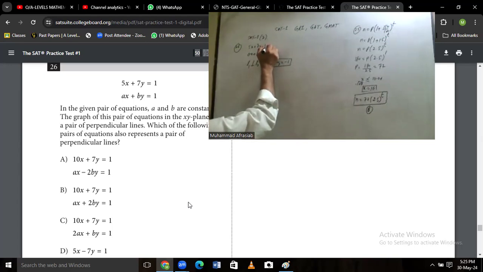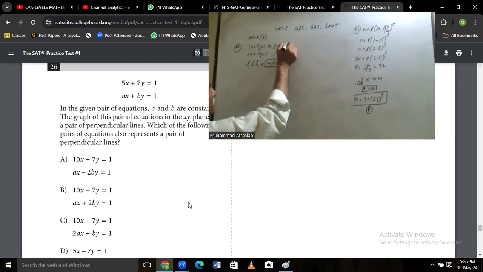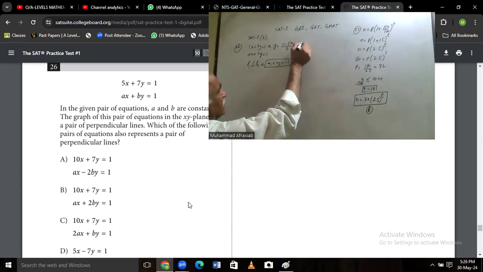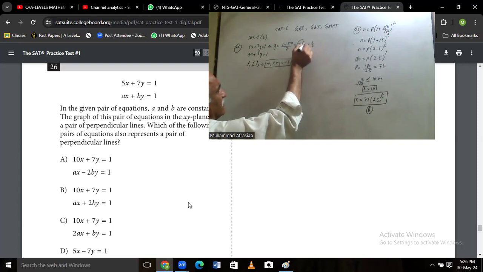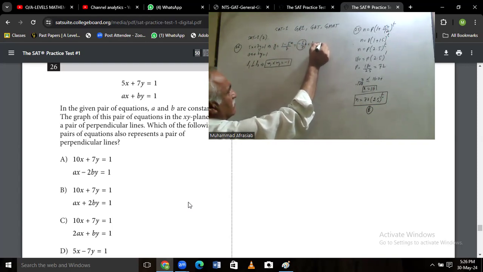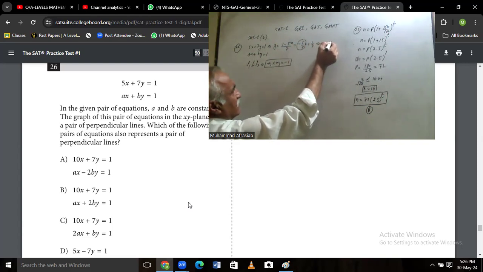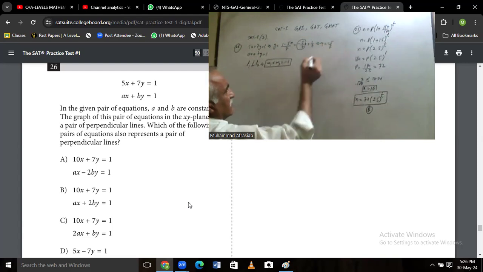Here, if we make y the subject, then y is equal to (1 minus 5x) over 7, or y is equal to minus 5 over 7 x plus 1 over 7. So the slope here is minus 5 by 7.